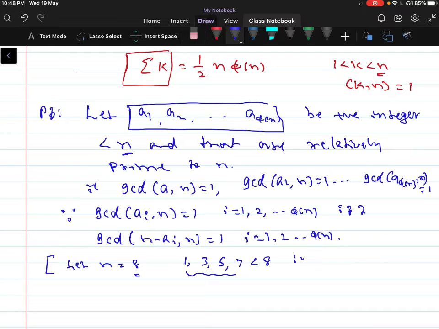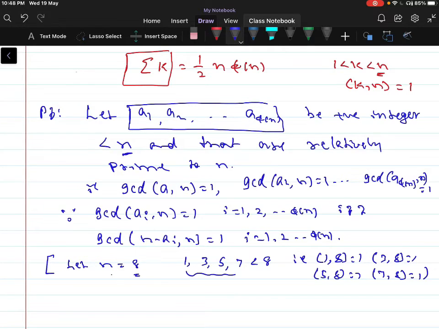That is, GCD of 1 comma 8 is equal to 1, GCD of 3 comma 8 is equal to 1, GCD of 5 comma 8 is equal to 1, GCD of 7 comma 8 is equal to 1. You can observe that.